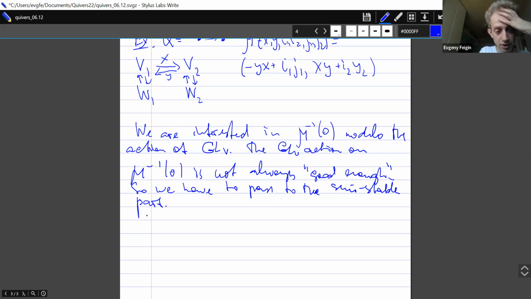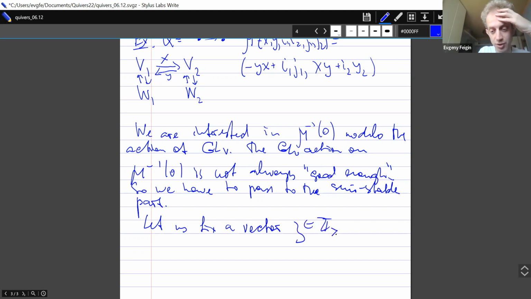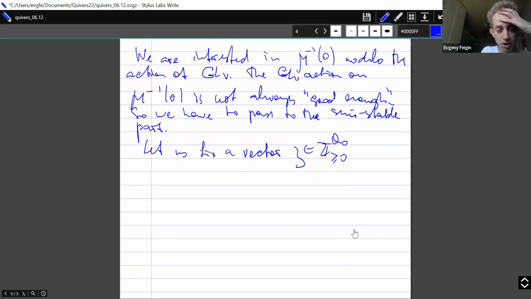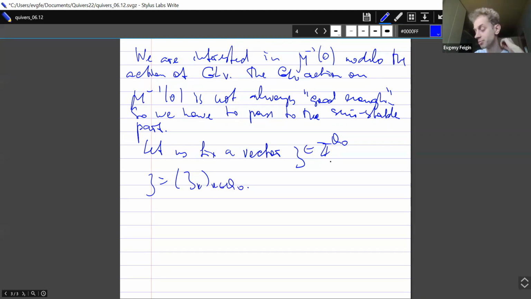So let us fix a vector psi in Z greater or equal to 0 to Q0. Sorry, it does not have to be non-negative, just an arbitrary integer.